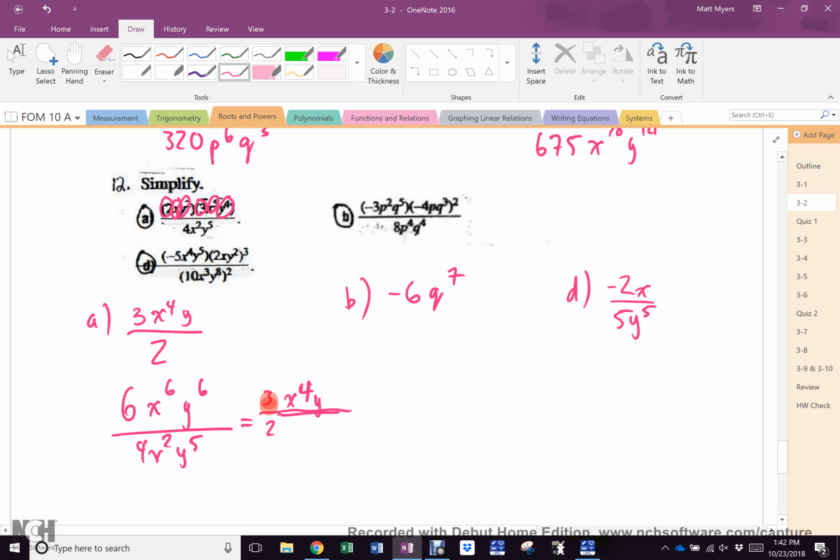I did do 6 and 4. It's 3 over 2, or 1.5. But if you guys have yet to understand that I hate decimals, then I don't know what I've been saying for the last 2 months. I don't want you using decimals. Ever. I want you using fractions. Yes, Karen?